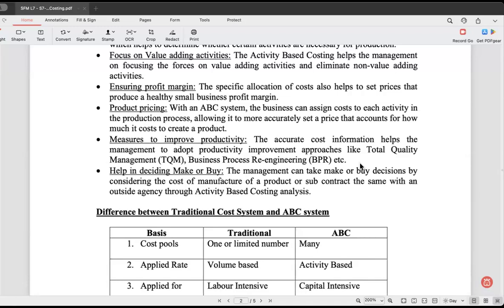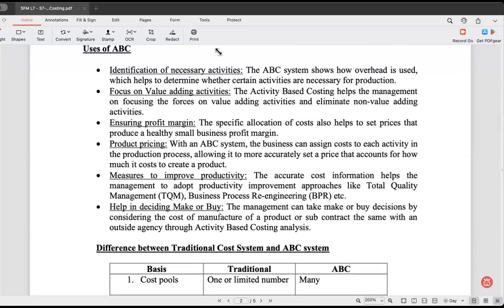But if outsourcing is cheaper, then that's the better option than making it in-house. So ABC will be giving you the real picture, accurate data. These are the costs. This is the raw data that you require, so this helps you in deciding whether to make or buy the product. Is that clear? So these are the uses of ABC.